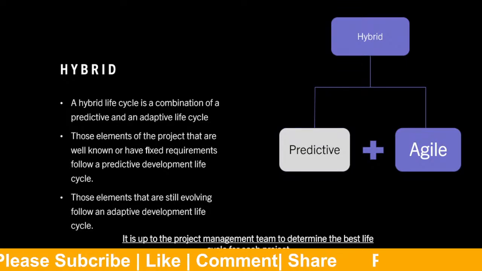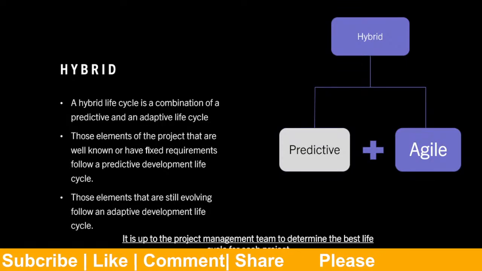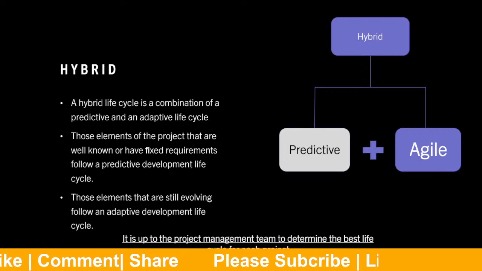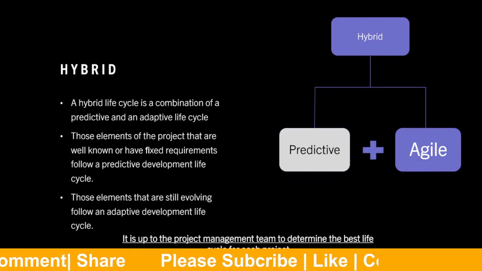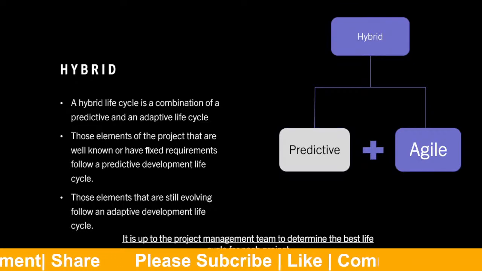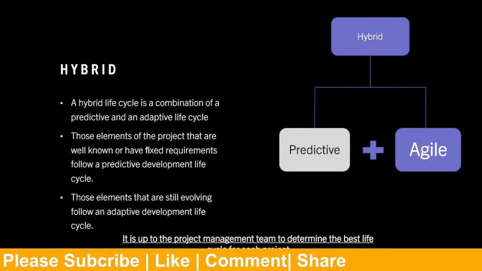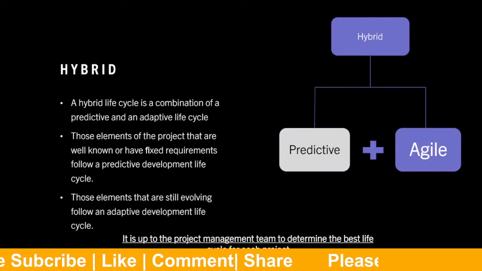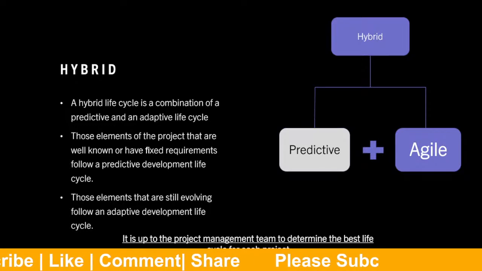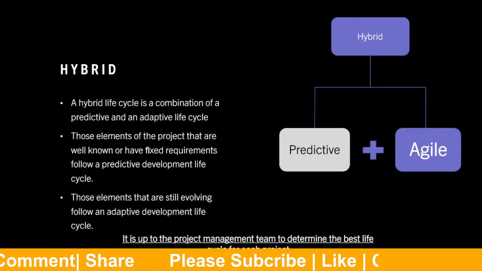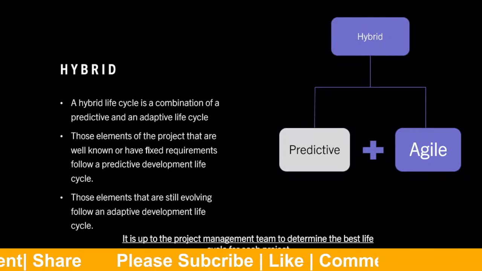Then we have hybrid. So when we talk about hybrid, it is the combination of predictive and agile. So hybrid life cycle is a combination of predictive and adaptive life cycle. It is up to the project management team to determine the best life cycle for each project.